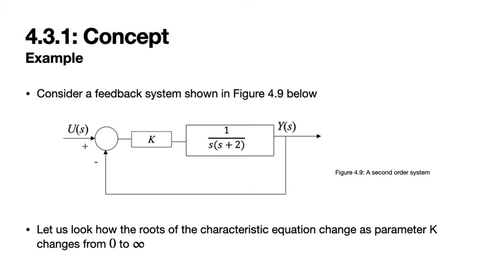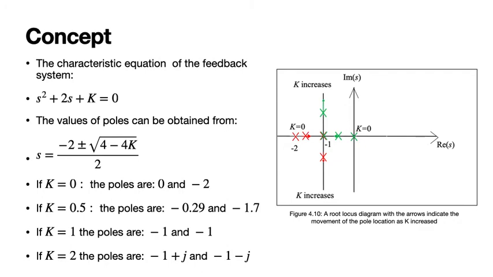If we simplify the equation, the closed loop transfer function of the system will be k over s times (s plus 2) plus k. Therefore our characteristic equation will be s times (s plus 2) plus k, so it will be s squared plus 2s plus k equals 0.